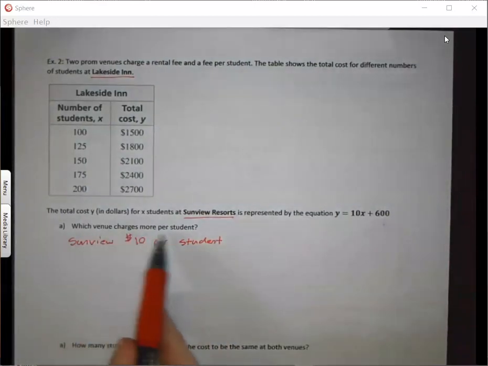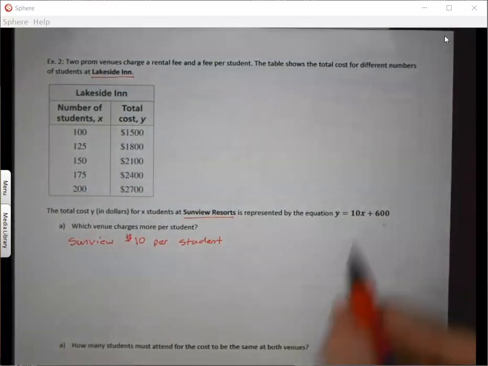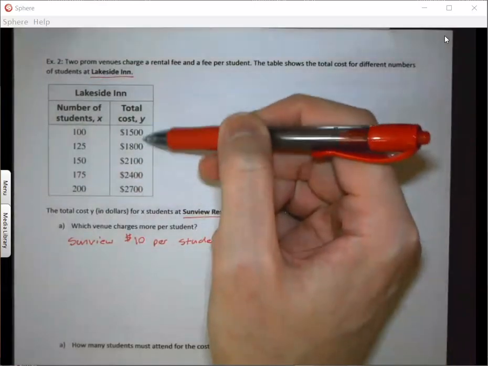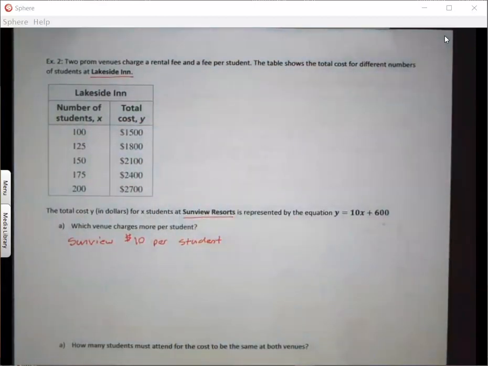To find out which venue charges more per student, we need to find the equation for Lakeside to see the amount per student. So these represent points, X, Y, X, Y. You can choose any two.